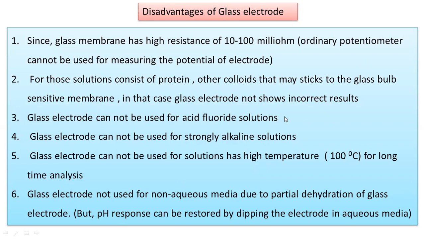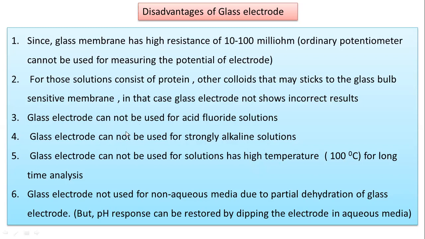In that case, the glass electrode does not show the correct results, so it may show incorrect results. Because the colloidal particles or protein particles stick to the glass bulb, which is a very sensitive membrane, it is not able to show the exact pH for those colloidal particle solutions or protein solutions. So that is one of the disadvantages of the glass electrode.